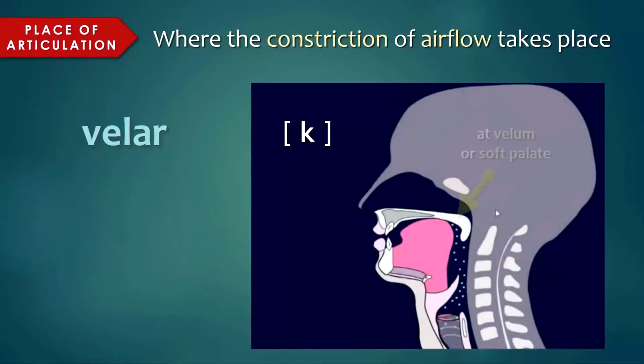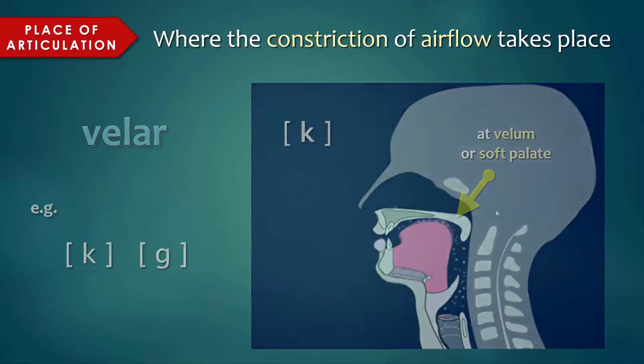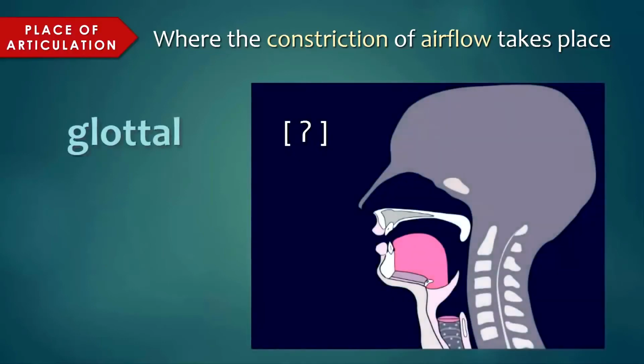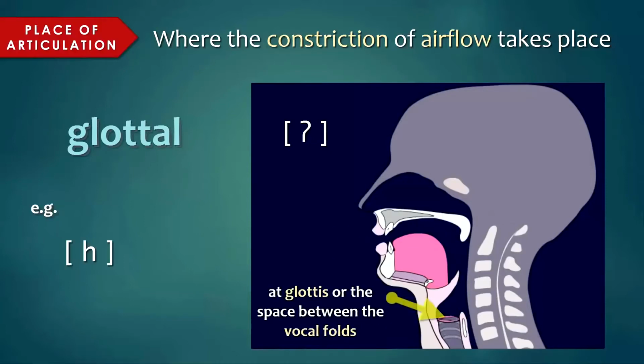Velar sounds are produced at the velum or soft palate, such as k, g. And glottal sounds are produced at the glottis, or the space between the vocal folds, such as h, or the catch in the throat, as in Batman.